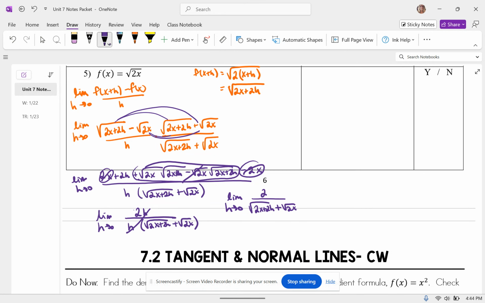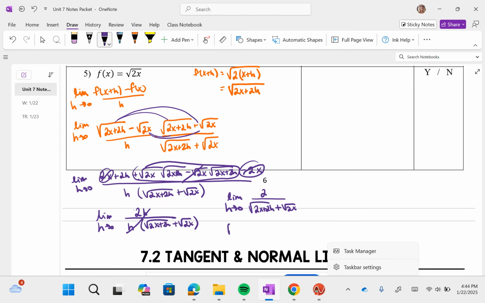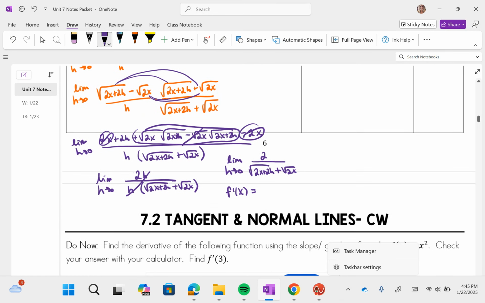I'm going to substitute in that 0 for h, and I get the derivative is equal to 2 over the square root of 2x plus 2 rad x, which would be 2 over 2 radical 2x.